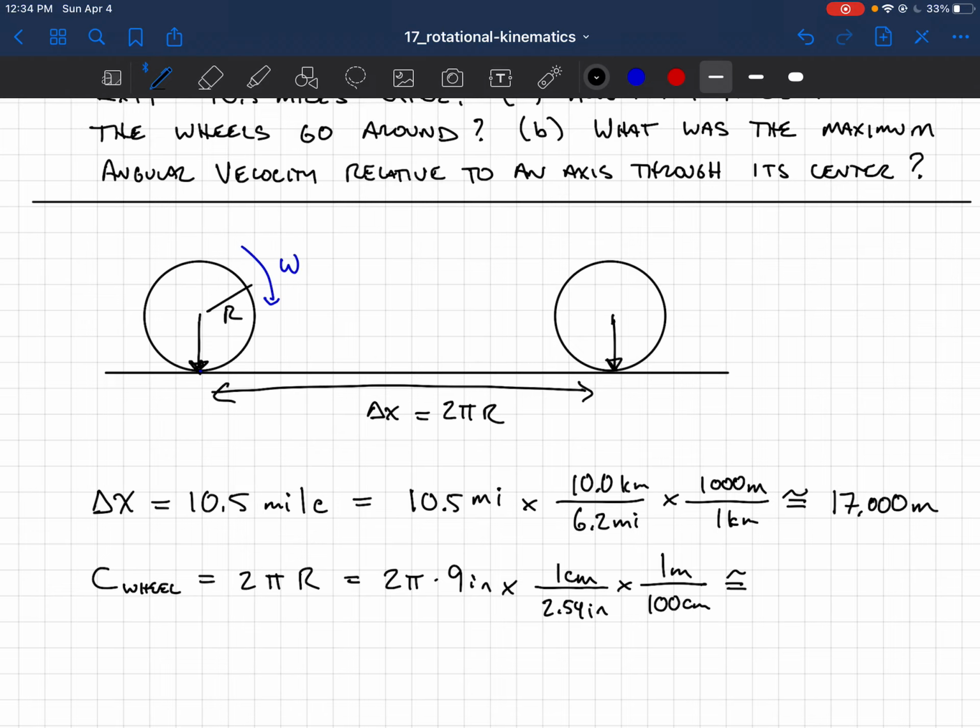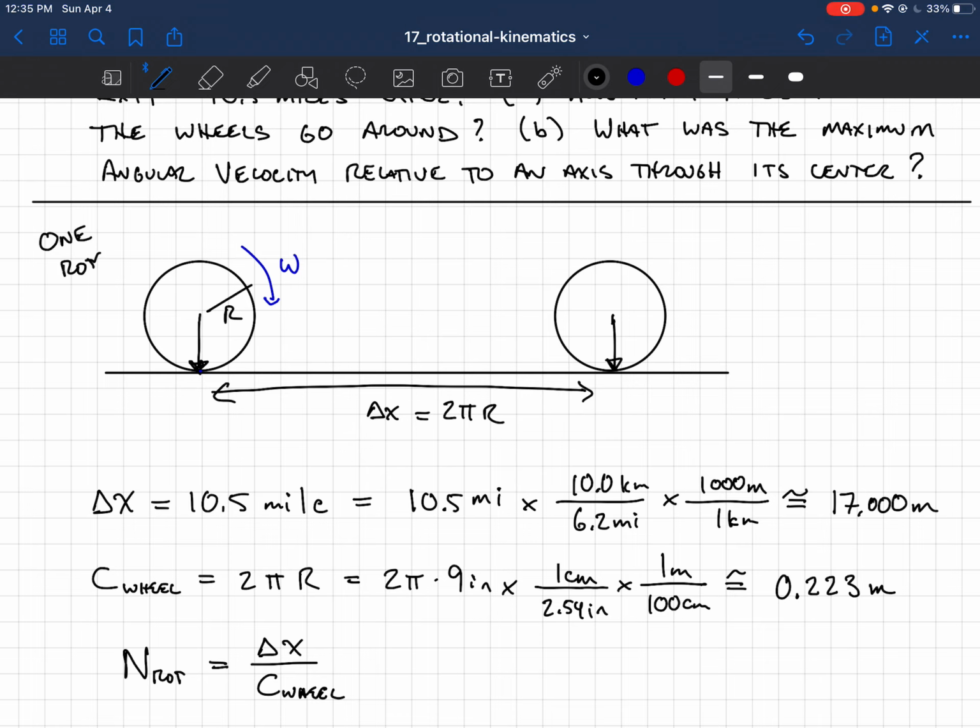So what does this turn out to be? It's 2 pi times 9 divided by 2.54 and divided by 100, and that is 0.223 meters. So the number of rotations is going to be equal to delta x over c wheel.